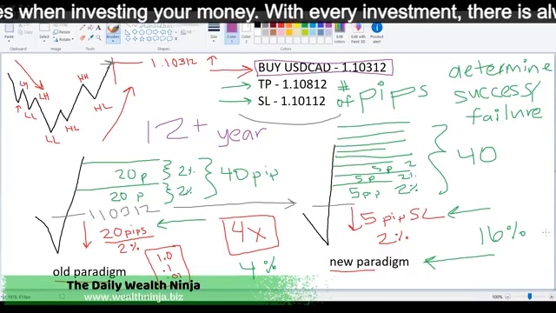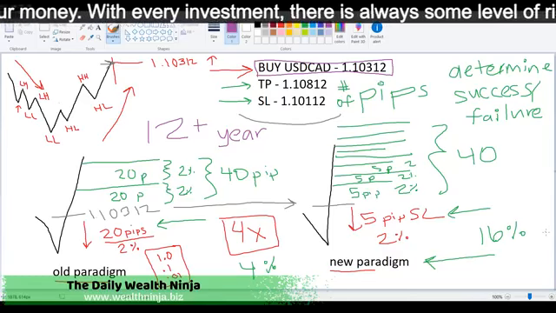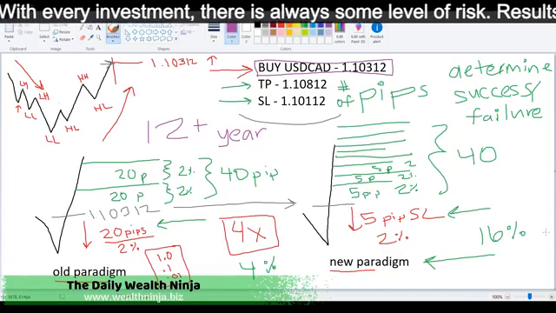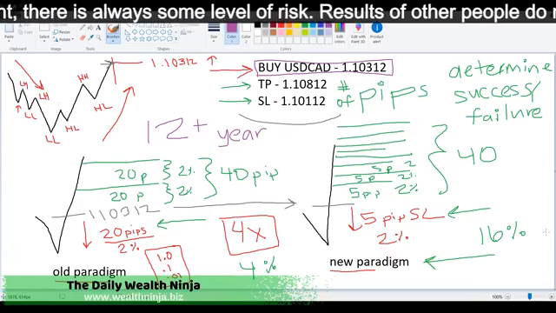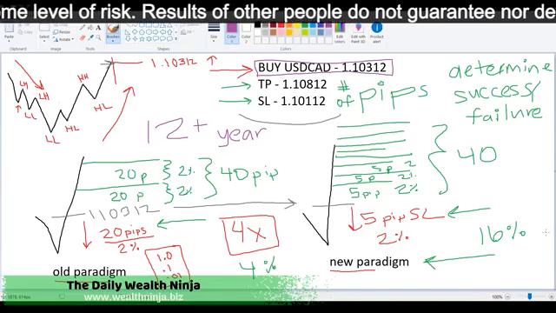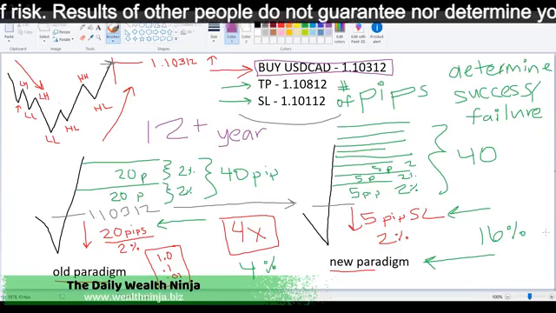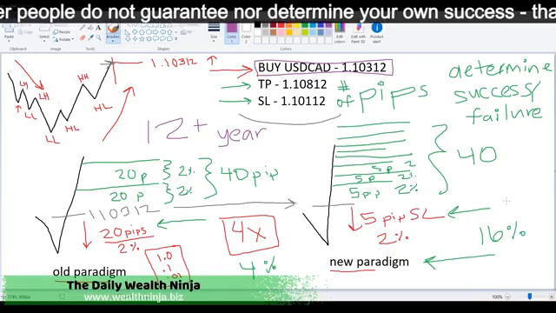So this is why I say that pips are not the be all end all. You have to understand certain things about Forex and how to trade in order to make sure that you are getting the most for your investment, that you're getting the most out of your time, and that you're just making sure that you are following the rules, as it were, of Forex.